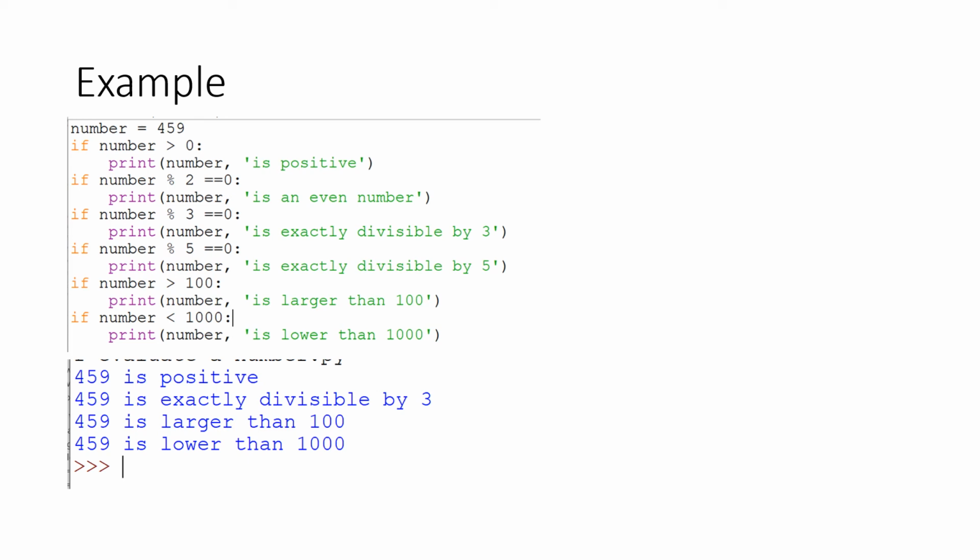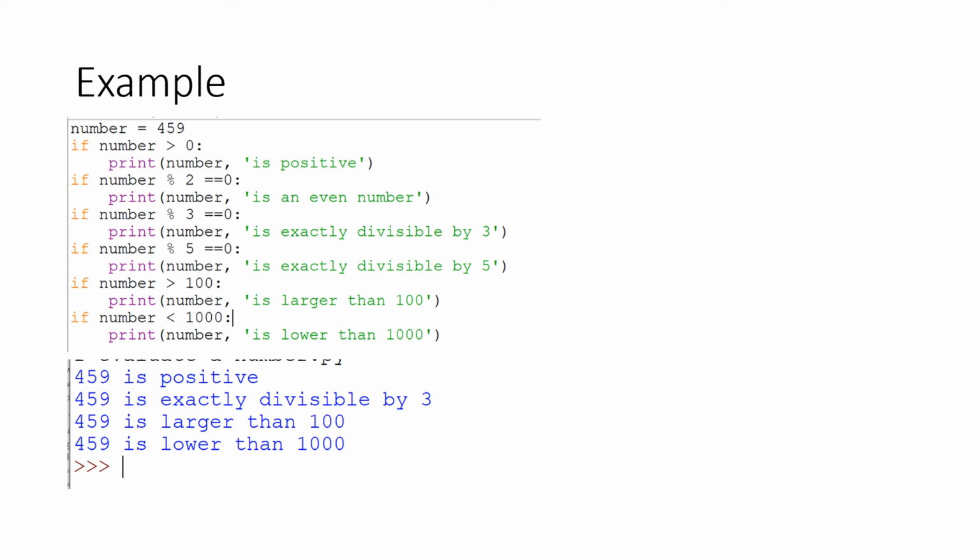So I ask that you please code this program and run it with different values. Try some values that fulfill different characteristics. Maybe put a negative number, put a value that is larger than 1,000, use a value that is exactly divisible by 5 and 10, but not by 3, etc. So run it 4 or 5 times so you see different options of the different if statements that can alternate.